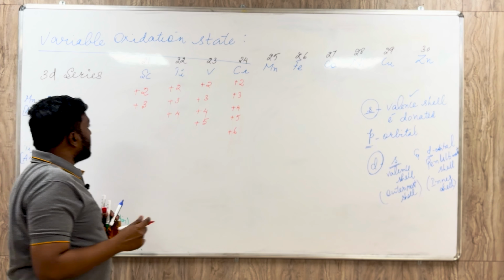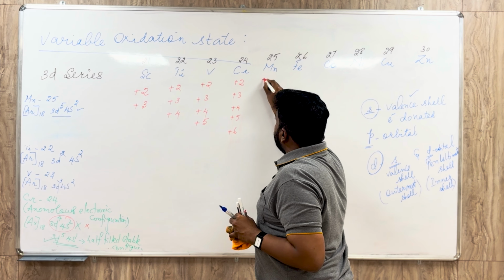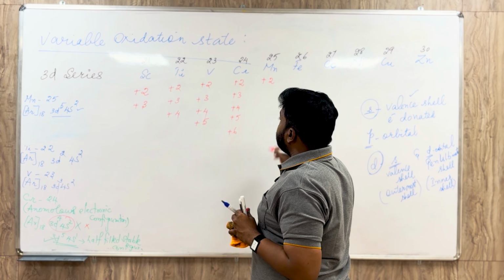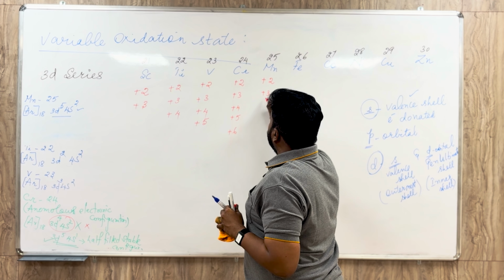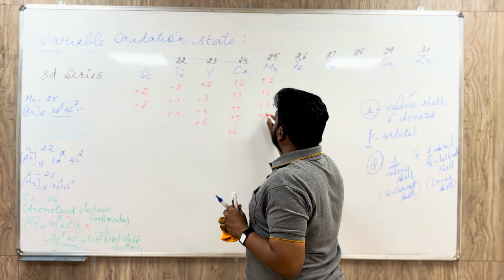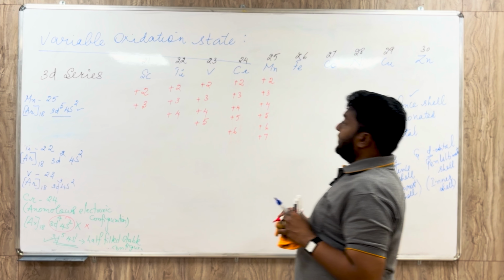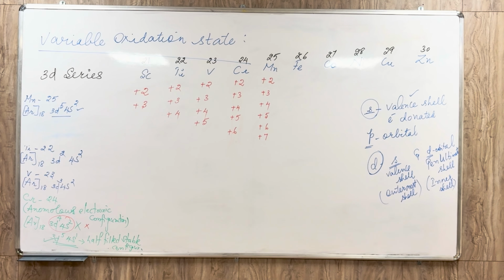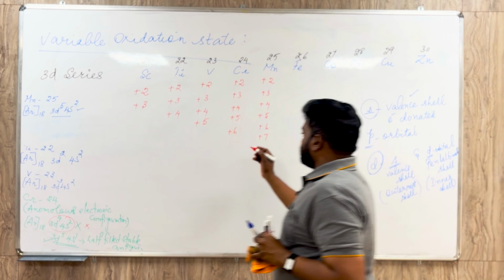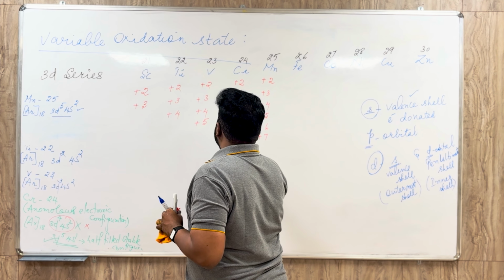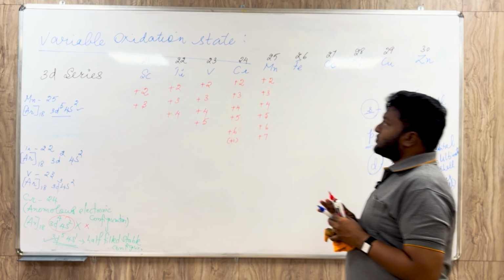So what are the possible oxidation states for manganese? +2 is there, then +3, +4, +5, +6, and even +7 is also possible, isn't it? At last, let me write +1 for chromium as well. Okay, +7 is also possible.